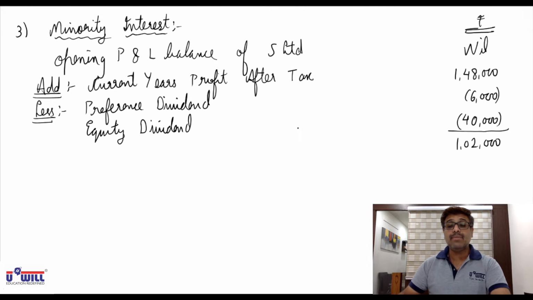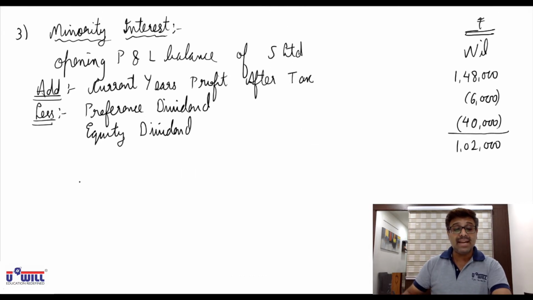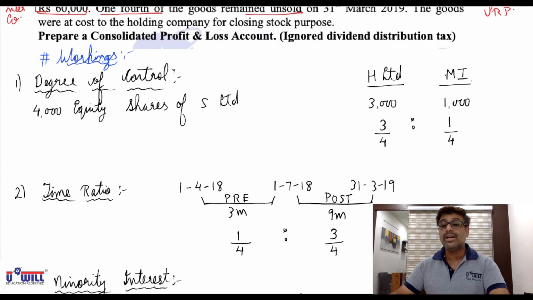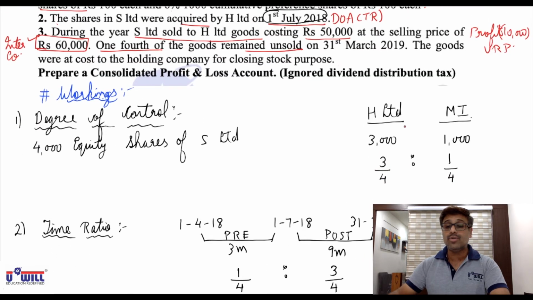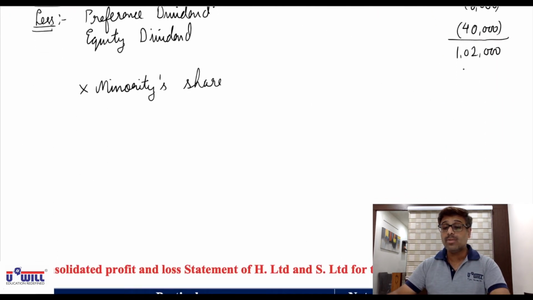Now these are the remaining profits for all the shareholders. In that we multiply with minorities share. So how much is minorities share in the ratio of degree of control? 1/4. So you will multiply this with 1/4 and you will get minority interest.